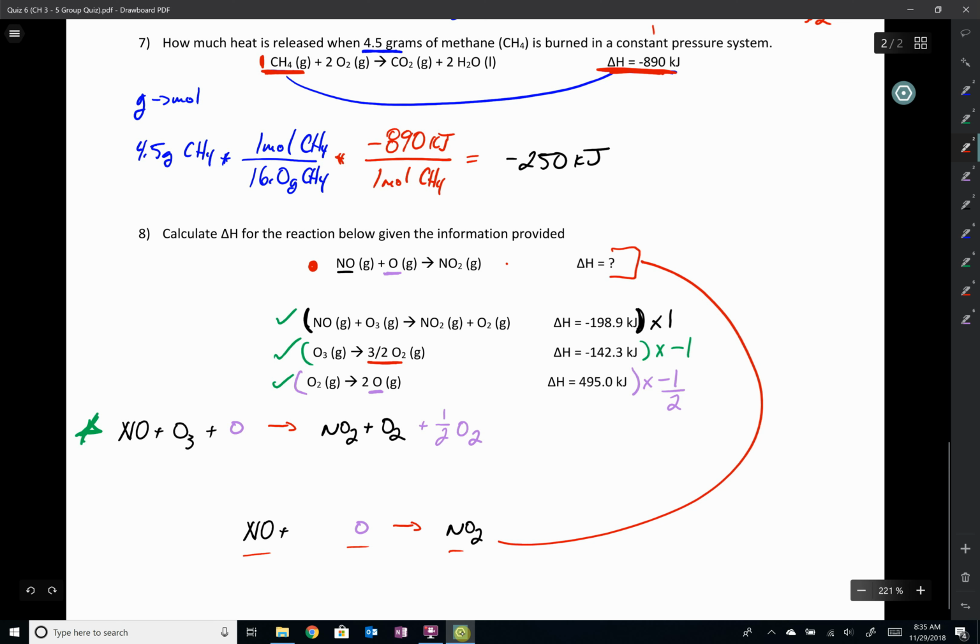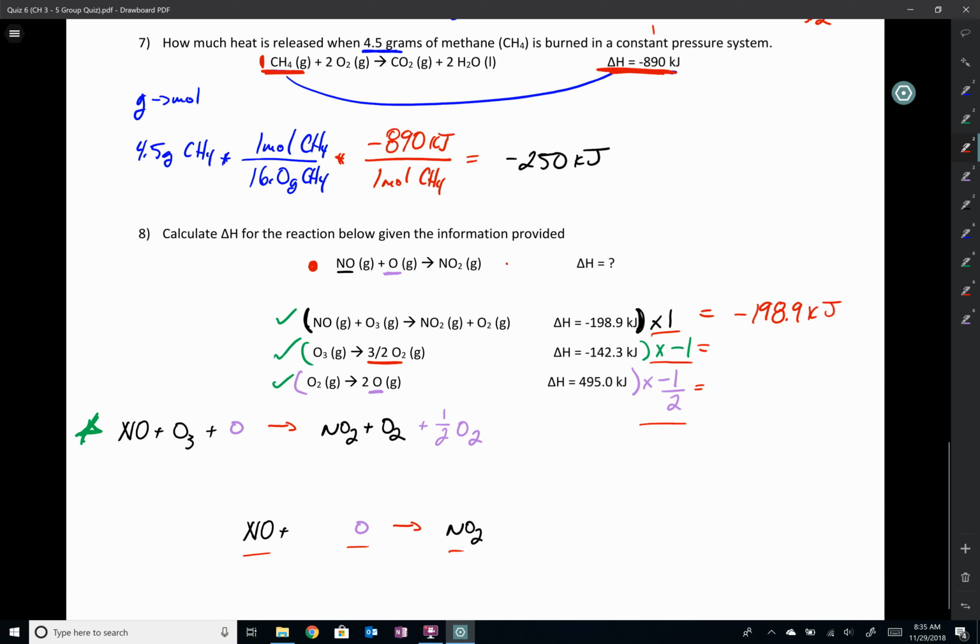Excellent. Now that we've got the correct adjustment factors, these guys over here, now we actually need to go through and figure out delta H. And for this, all we're going to do is look at what we did to the equation. We multiplied the black equation by 1, so we just bring over the -198. We flipped the green reaction, so -142 becomes plus 142.3.